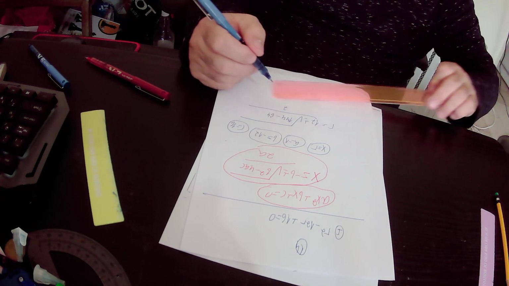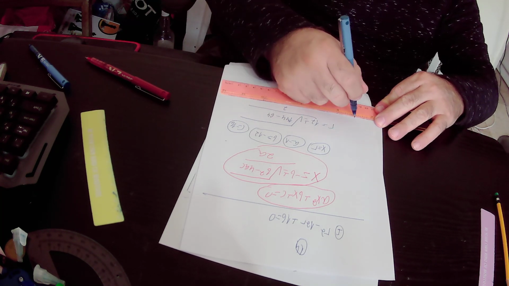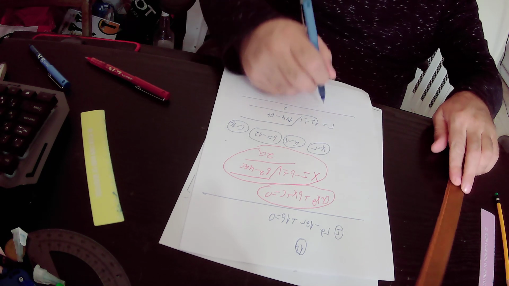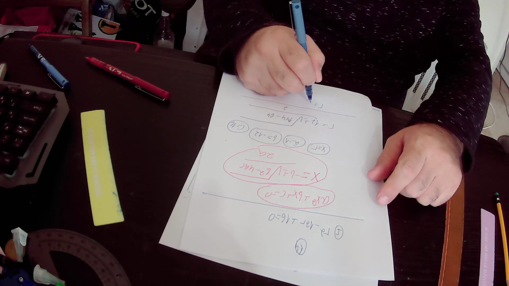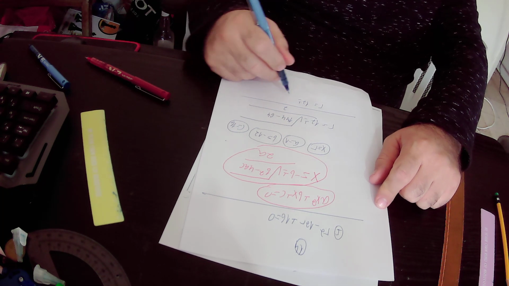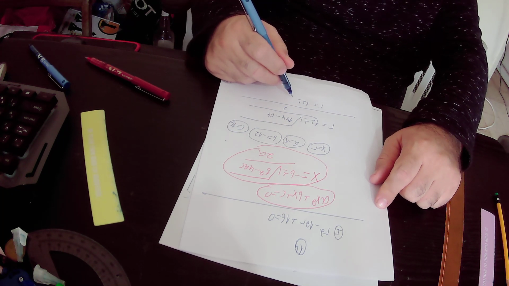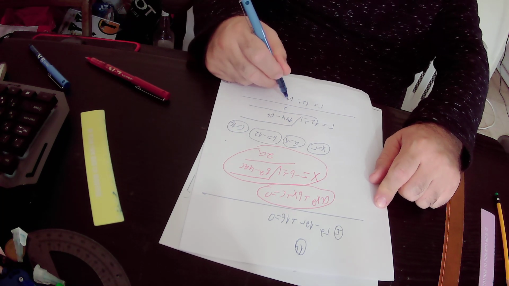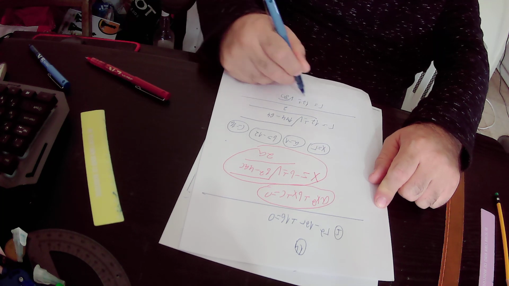So r equals 12 plus minus the root of 144 minus 64, which is 80, over 2.